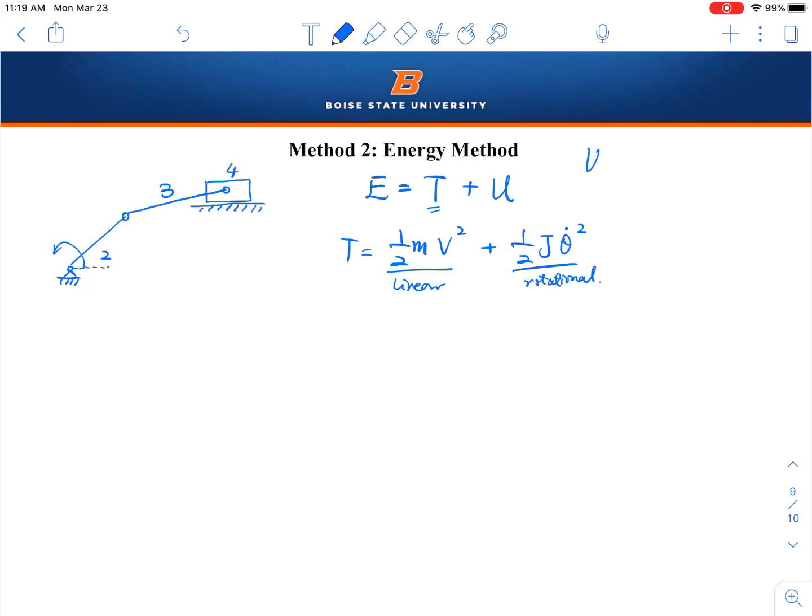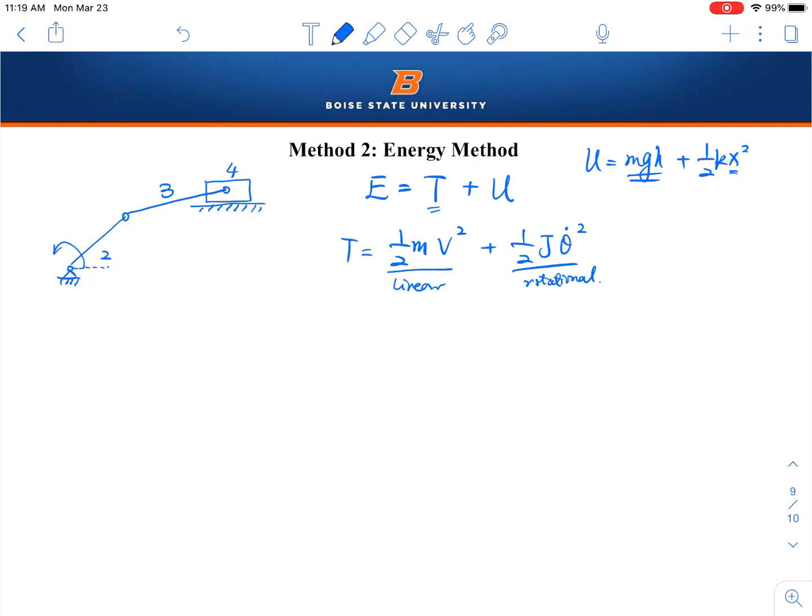For the U, we usually talk about gravity or any elasticity in the system. X is the deflection, K is the spring stiffness, and mgh is the potential energy change due to gravitational energy.